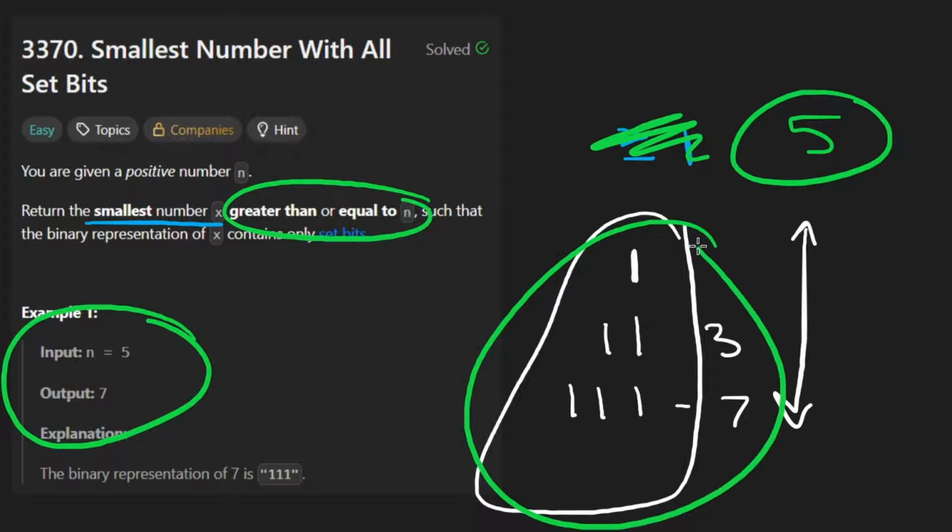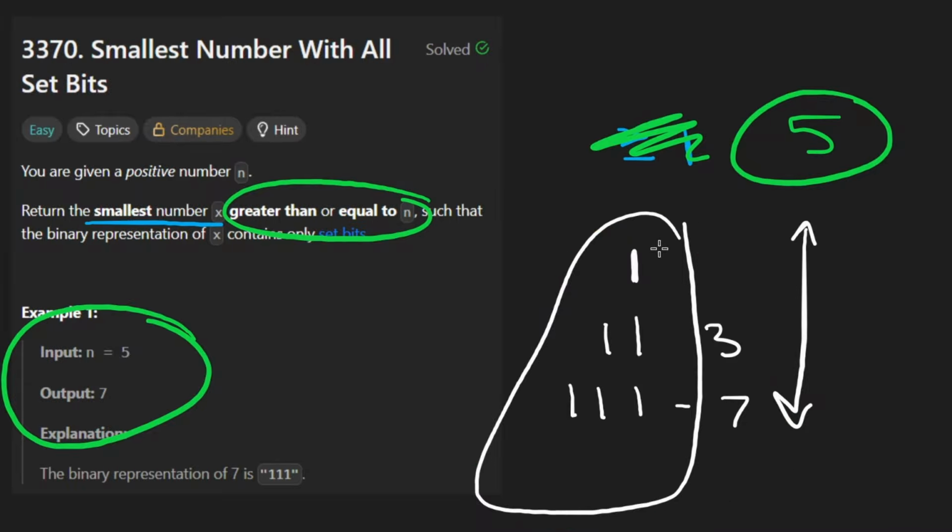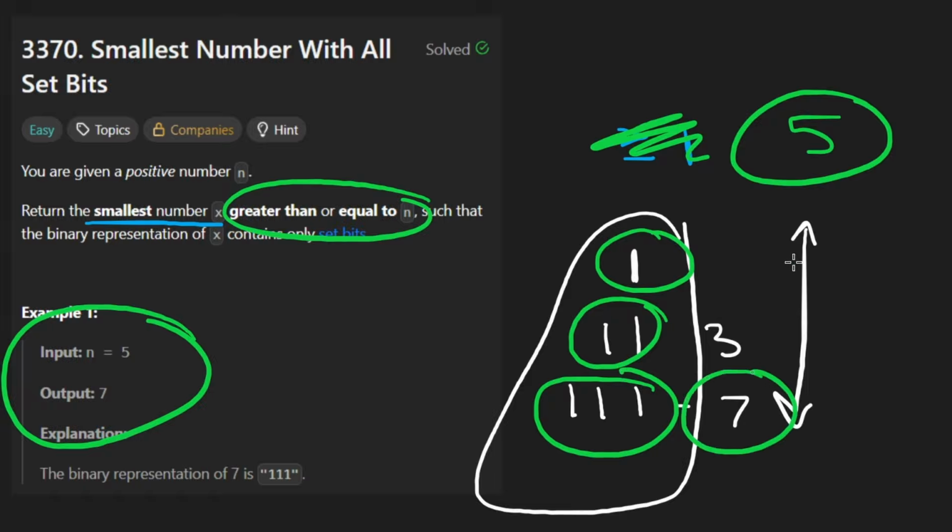Which one is the smallest that's greater than or equal to 5? We could try the first one, 1. It's not greater than or equal to 5. We could try the next one, 3, not greater than or equal to 5. Well, the third one, 7, is greater than or equal to 5. And we also know that it's the smallest one because we went through them in sorted order.